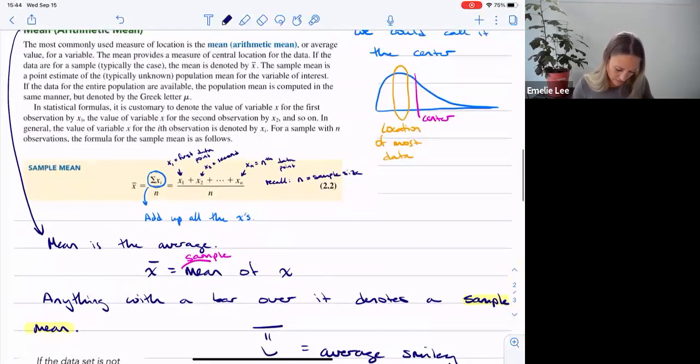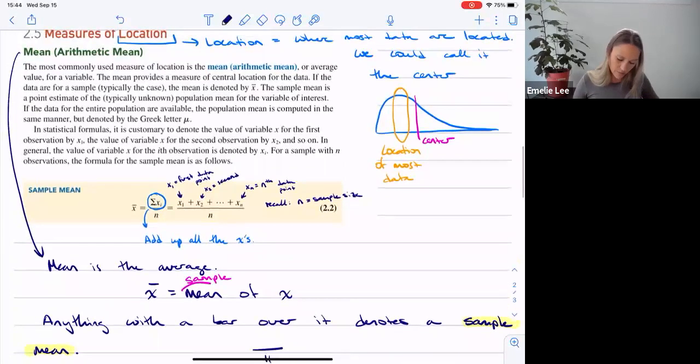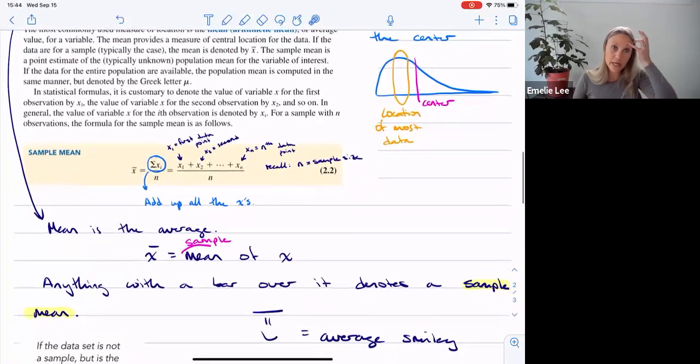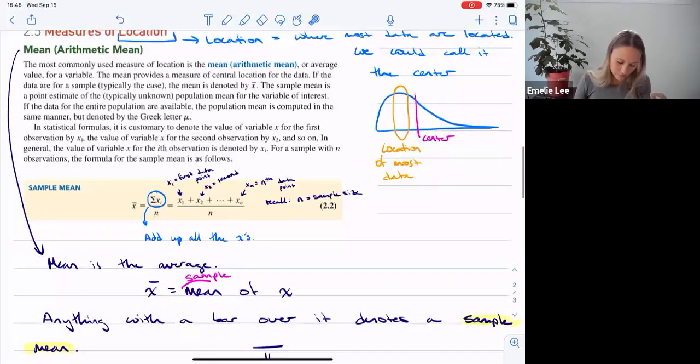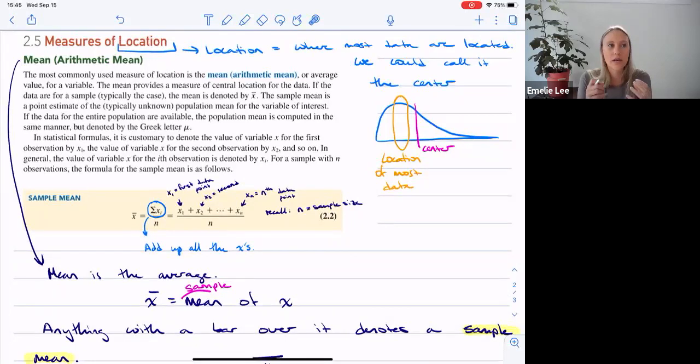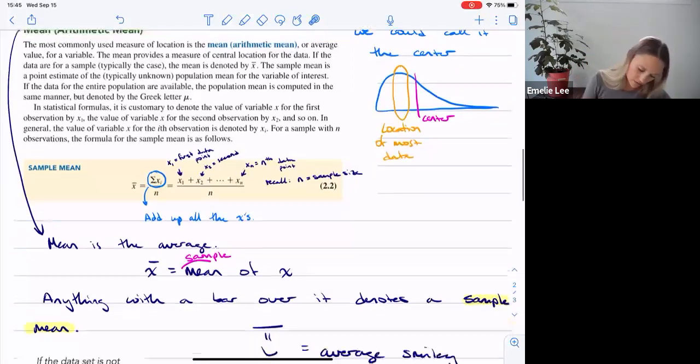All right, so the sample mean. I'm trying not to talk too much about it, but there's a lot to say about the sample mean, right? The mean is our usual measure of center. It only really works as a true measure of center for normal distributions. So if you have a symmetric distribution, then the mean is the best measure of center. Okay.